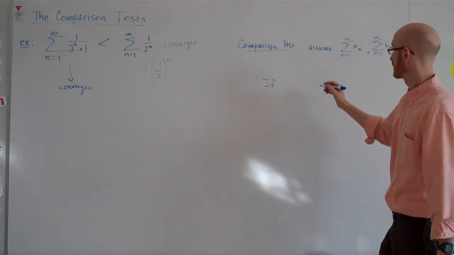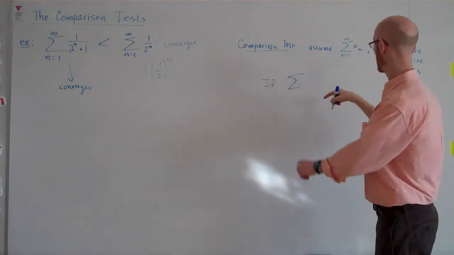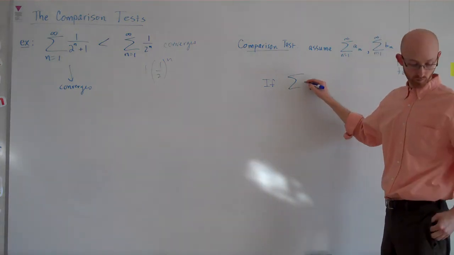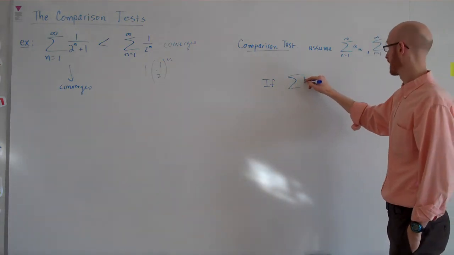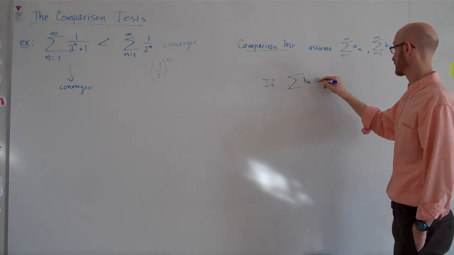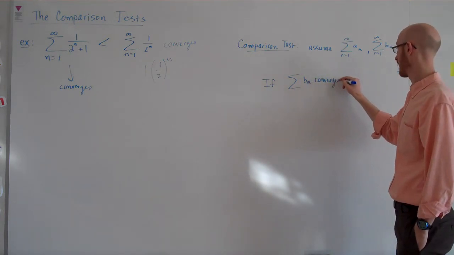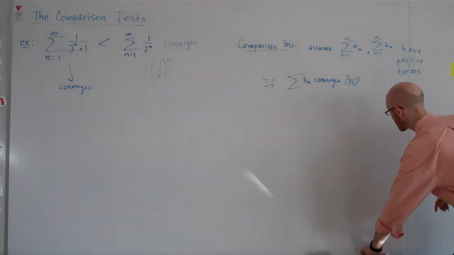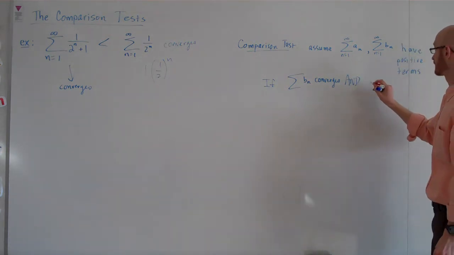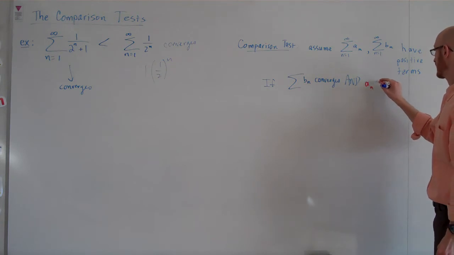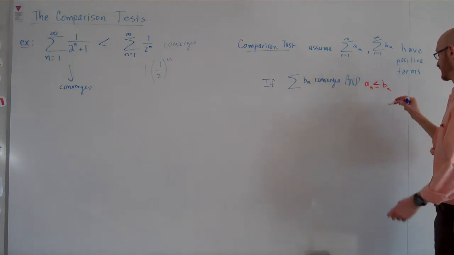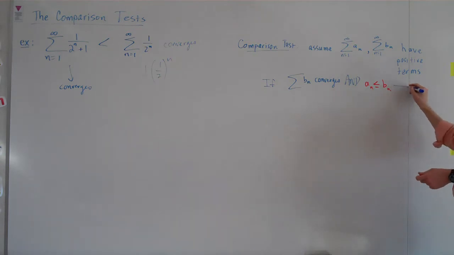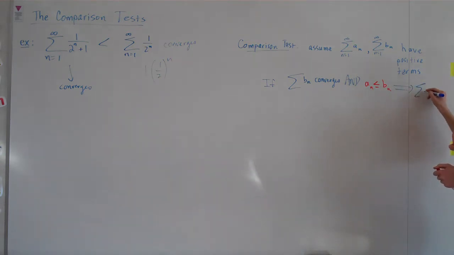Now, if, and I'm going to leave out n equals 1 to infinity, if we know that b sub n converges, and, important fact, you know that a sub n is less than or equal to b sub n, then you know that a sub n converges.